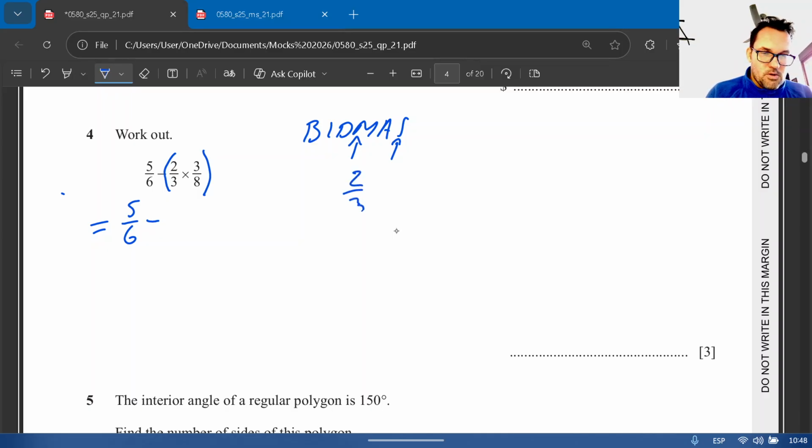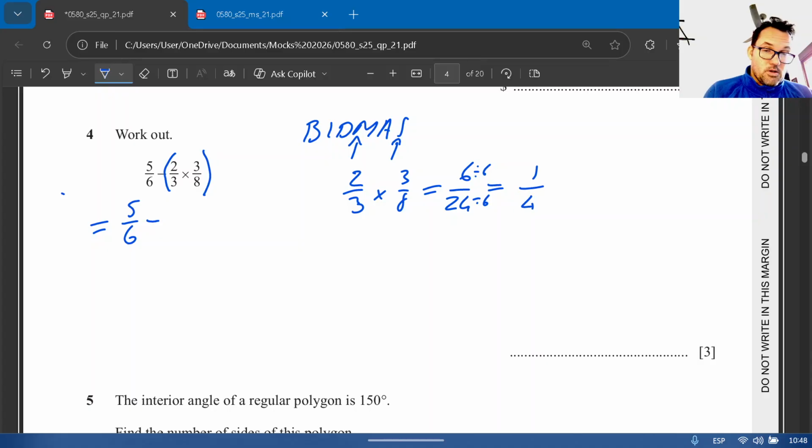You can do 2 over 3 times 3 over 8. Multiplying fractions is easy. Multiply the top with the top and the bottom with the bottom. Then of course to simplify things, you can simplify it. Here we can divide both by 6, so that will leave us with 1 over 4.